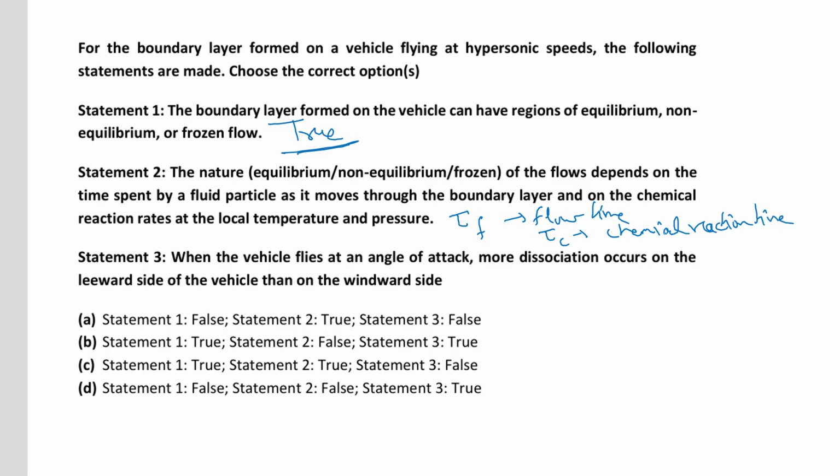And we already know that the chemical reaction time will depend on chemical reaction rates. So ultimately, the nature will depend on flow time and chemical reaction rate, which is true.